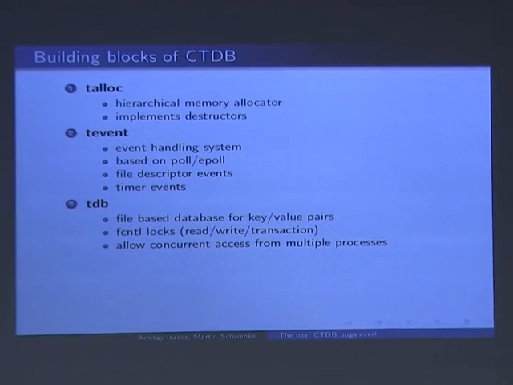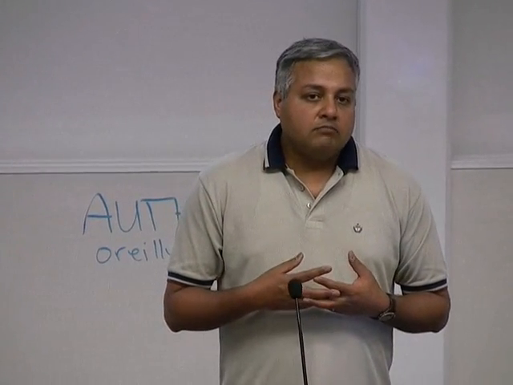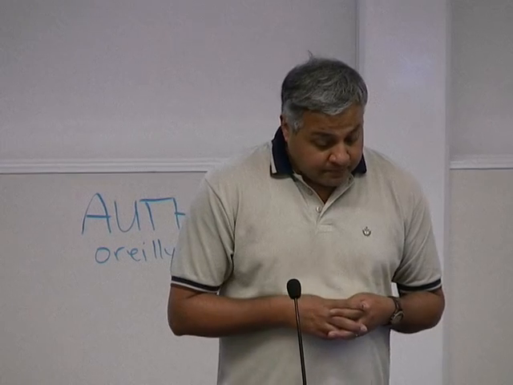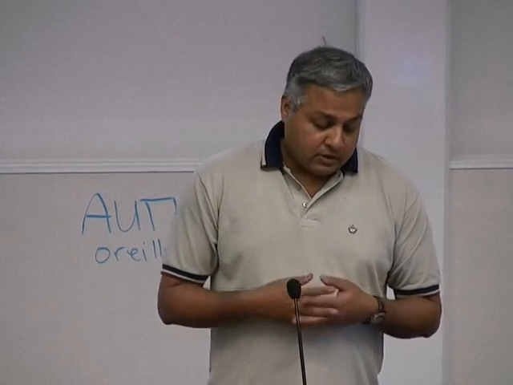Again, all three components were developed specifically for Samba. Tevent is really the crucial part of CTDB, which gives us asynchronous event handling and makes it perform really well. And of course, there is TDB, which is a file-based database.